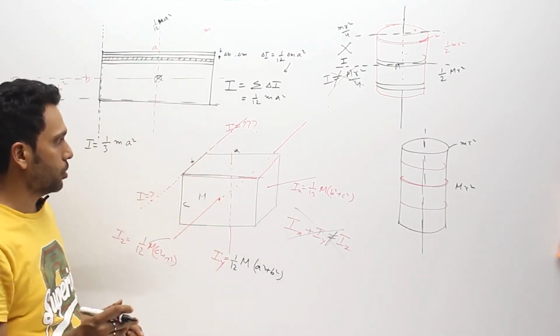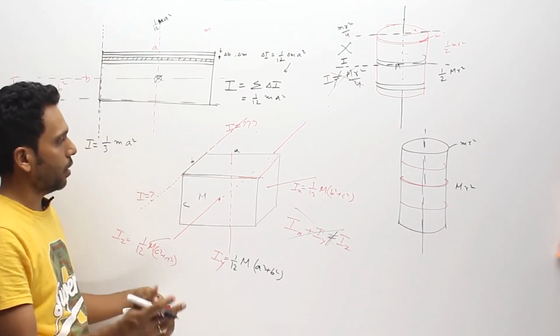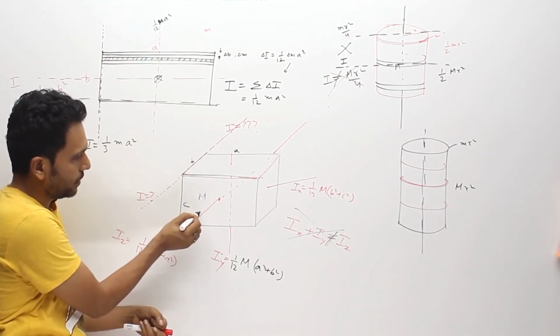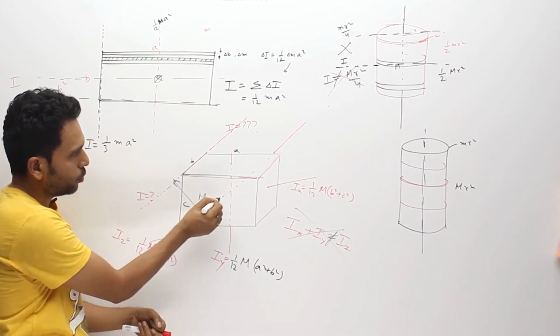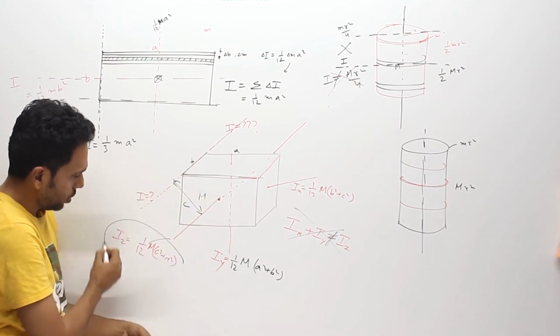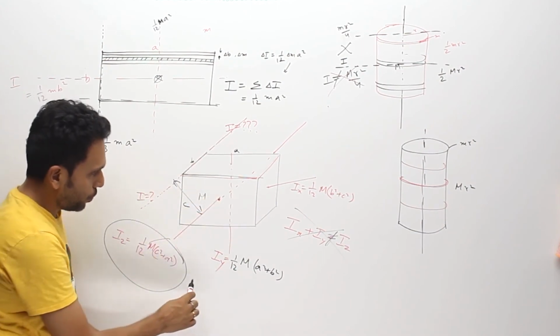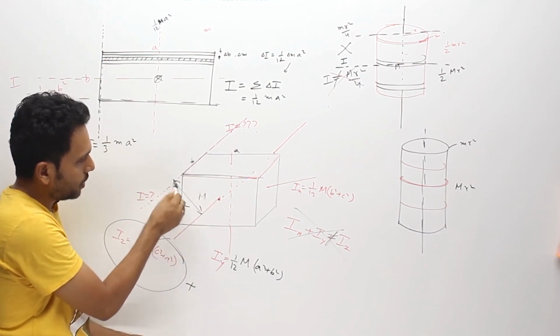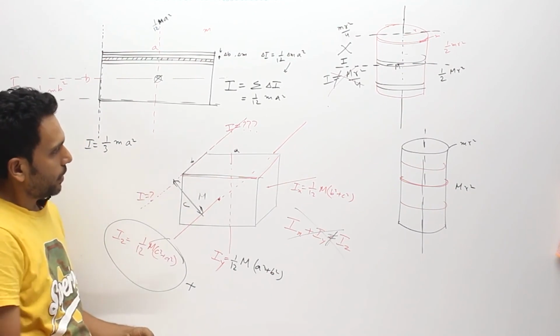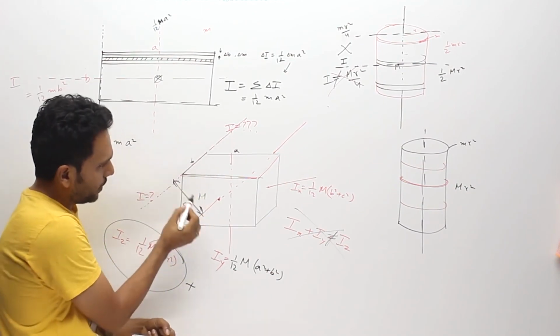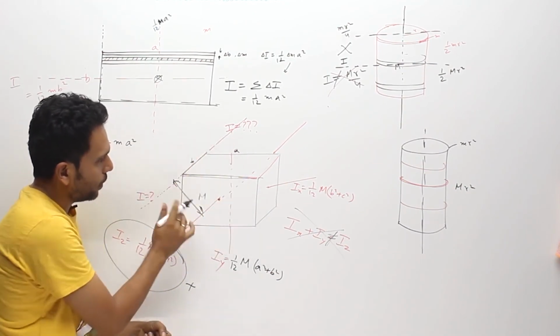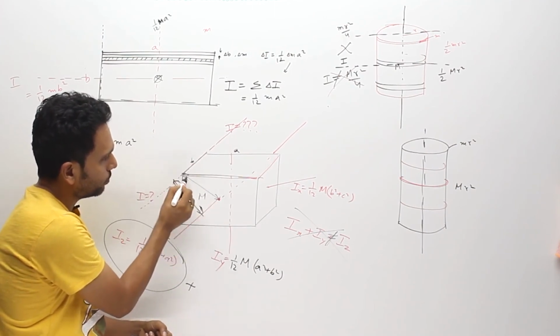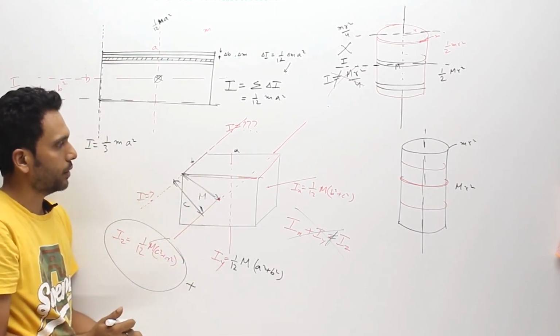The answer was by using the parallel axis theorem, shifting this axis parallelly over there. This was through the CM and the value was so much, plus the distance between this axis and that axis. So what is the distance between these two axes? It is the same as the distance, if you take the front face, between the two axes.